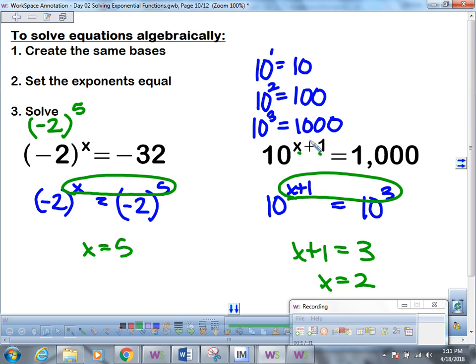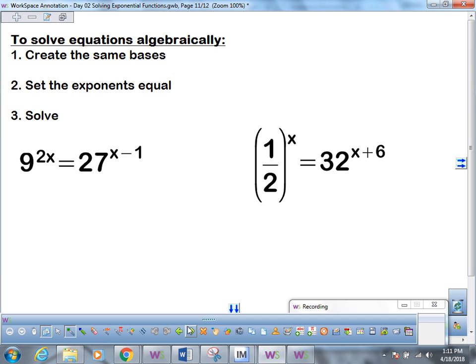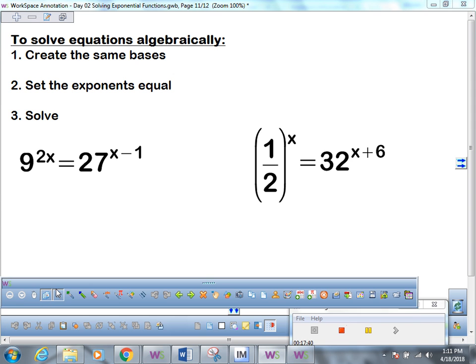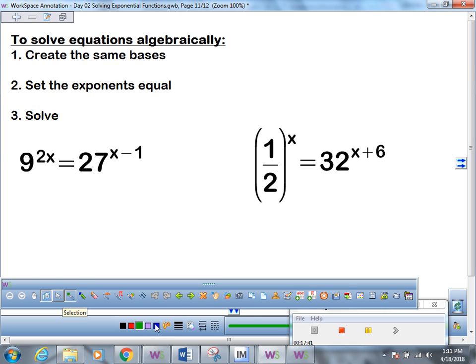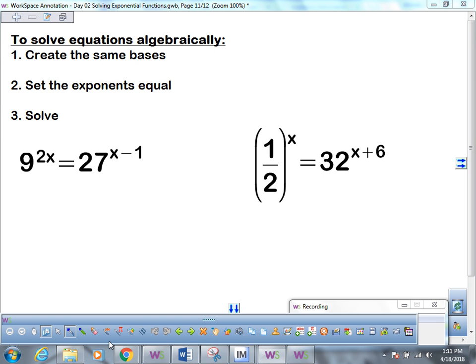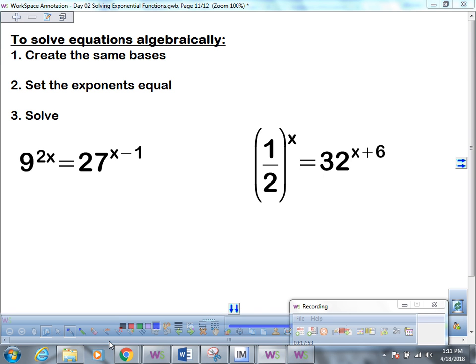One more step up, and then you guys are going to do this yourself. One more step up. You don't have to check. Sure. Yeah, if you're unsure, I would check it. So, what's my base in 9? 3.